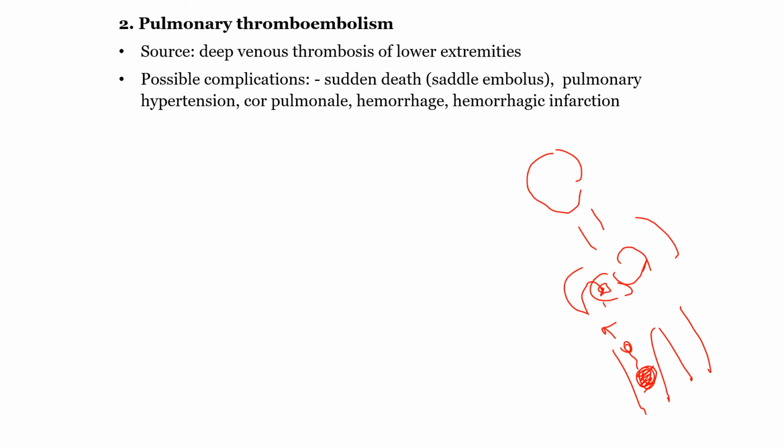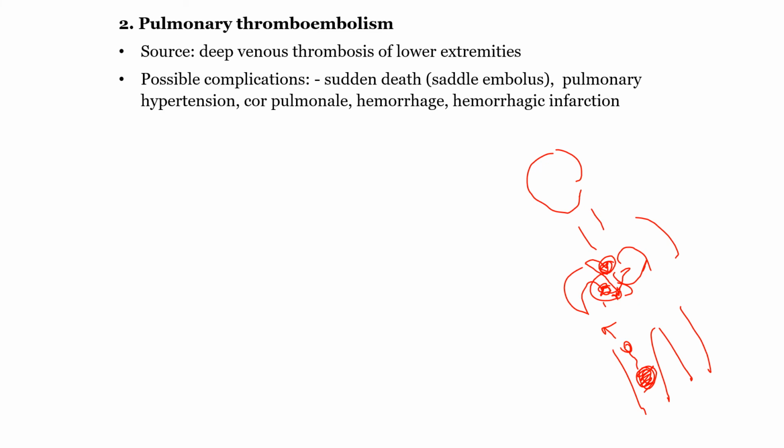It's small, so it will not make anything wrong in the heart, but from the right atrium it will be pumped to the right ventricle, and the right ventricle will pump it to the lung. Now in the lung it may occlude one of the blood vessels. This will lead to pulmonary embolism.